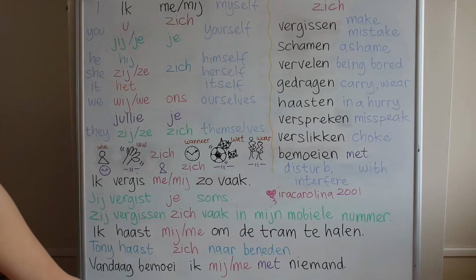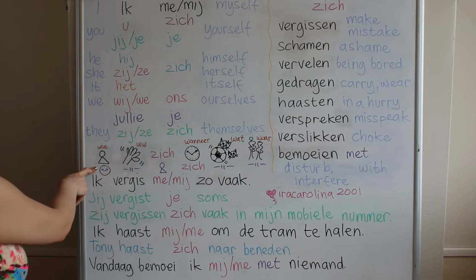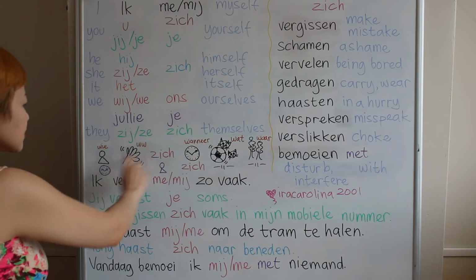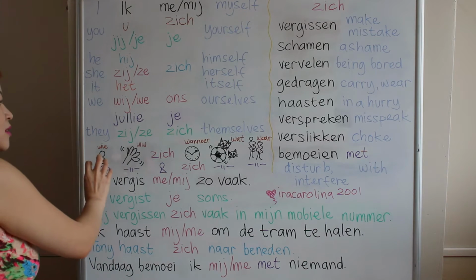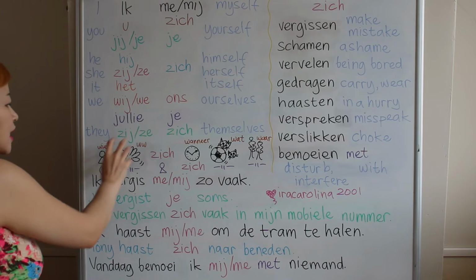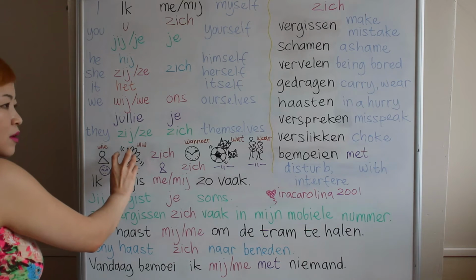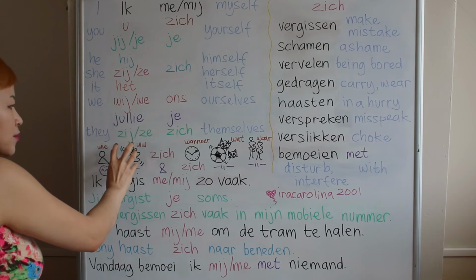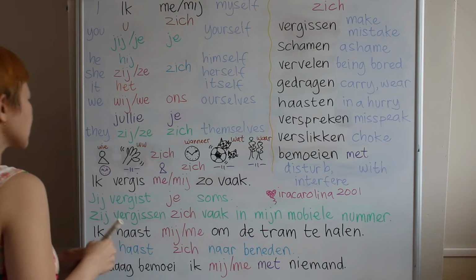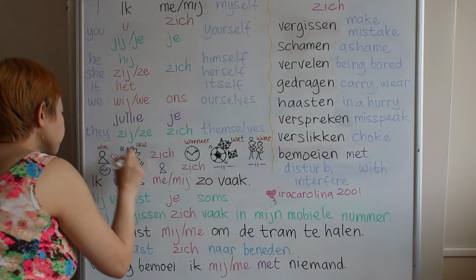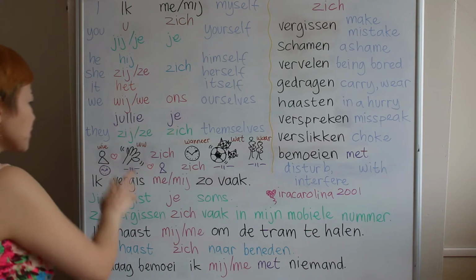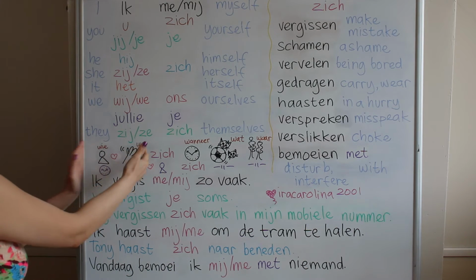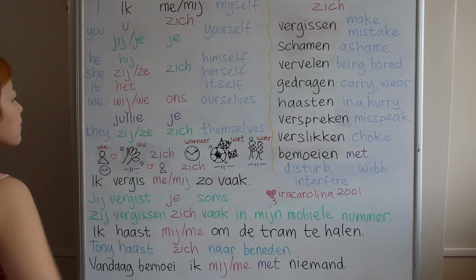Some sentences also start with a time signal, or wanneer, when. When it starts with a time signal, the second position is still the werkwoord, or verb, but I will put a heart sign here. It means that the verb and the subject are always together, side by side.